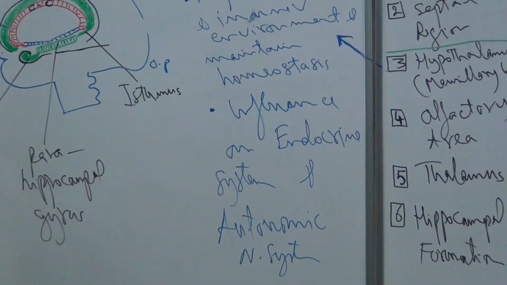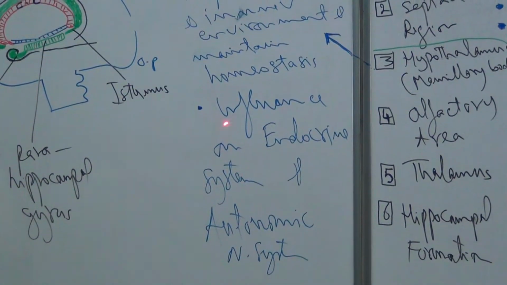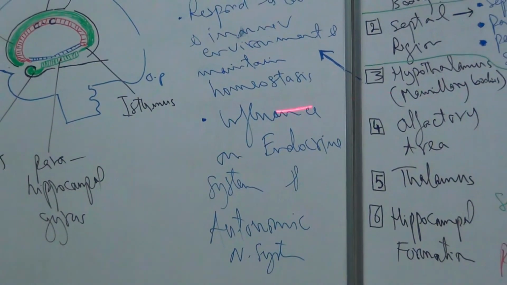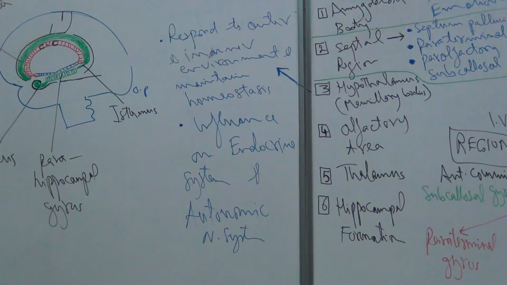So via the autonomic nervous system and endocrine system, the hypothalamus maintains homeostasis. This is the role of the mammillary body in the limbic system. Next is the olfactory area.